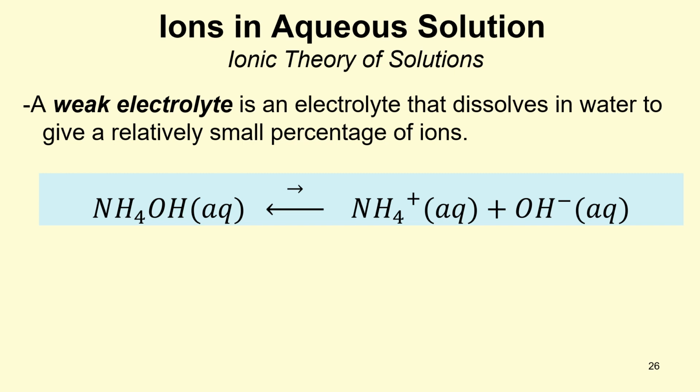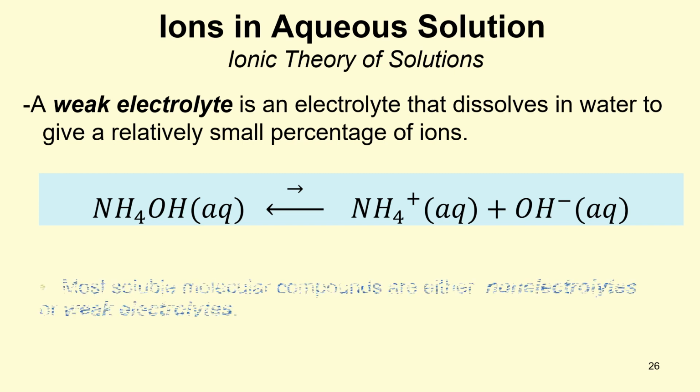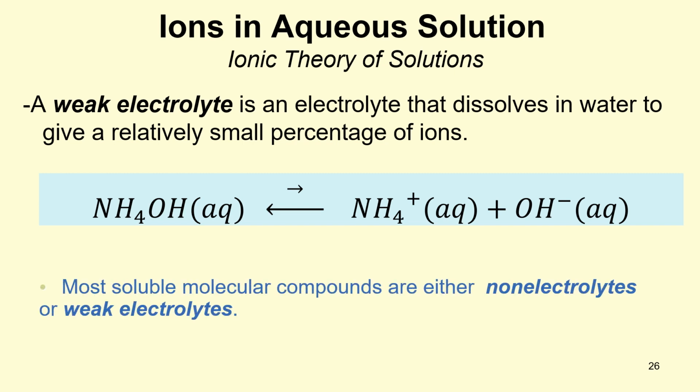So it mostly stays together but does dissociate to a very small extent into ions. So we would call this a weak electrolyte. In a little while I'm going to give you some help recognizing when it's weak and when it's not. We'll talk about the solubility rules in just a minute. So molecular compounds are either non-electrolytes or weak electrolytes.